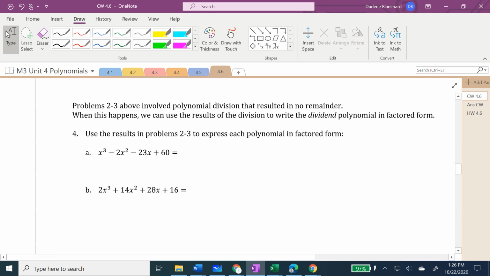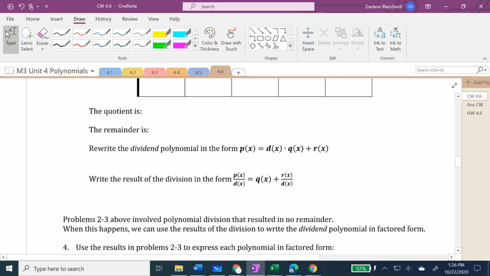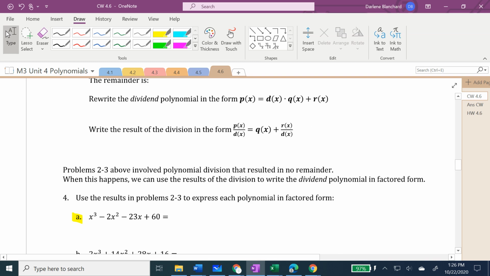I'm going to just do 4A for right now. This is asking you to use the results from problems 2 and 3. In problem 2, we were able to factor this polynomial.